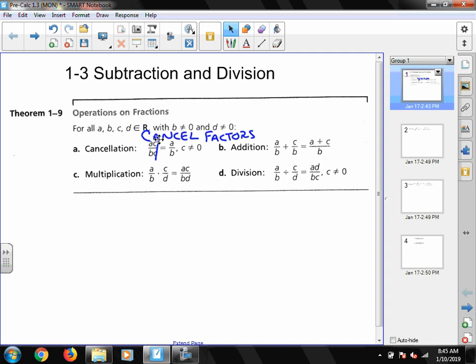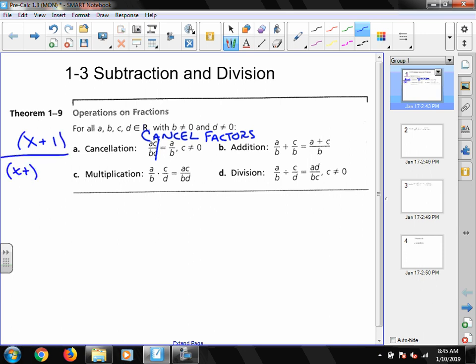So if I were to have, say, x plus 1 all over x plus 1 times x minus 2, okay, now that this is all factored out, now my x plus 1 can cancel with this other x plus 1. That's fine, okay? But you've got to be able to have that be multiplied into there. So you need to cancel factors, not just terms.